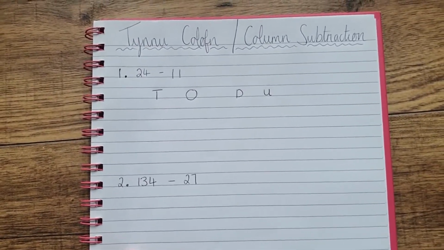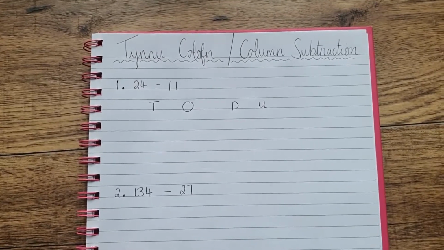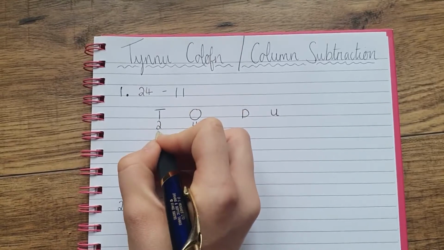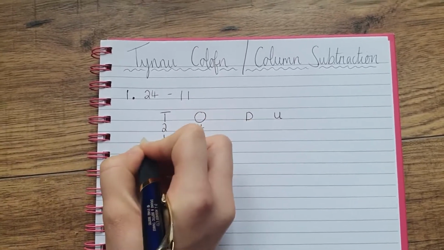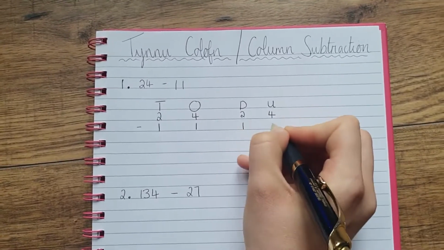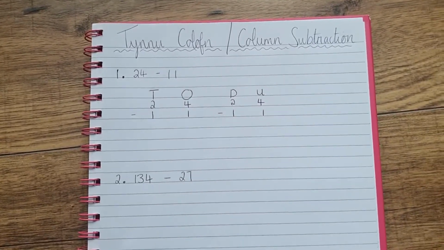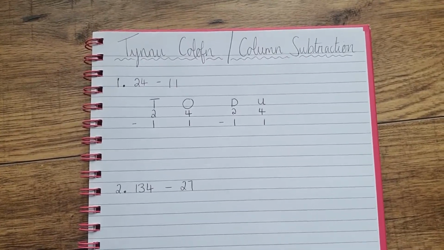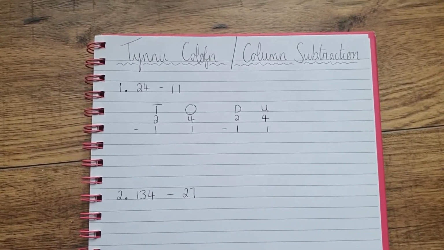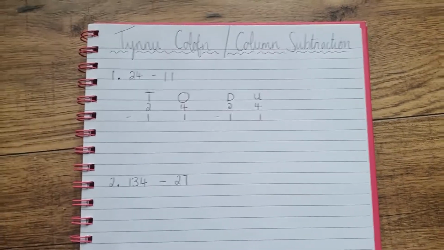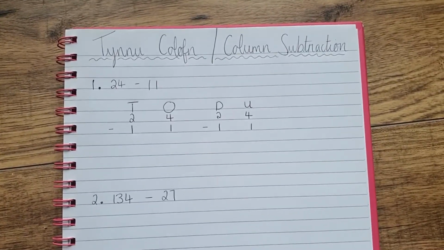So our next step is to place the numbers in the column. Now, this is exactly the same as we would with the addition. Remember our operation. Just do it on the Welsh side as well. Now, one of the main tips I talked to you about in the column addition was to always put the larger number on top of the column. Now, this is very, very important when we're doing our subtraction.